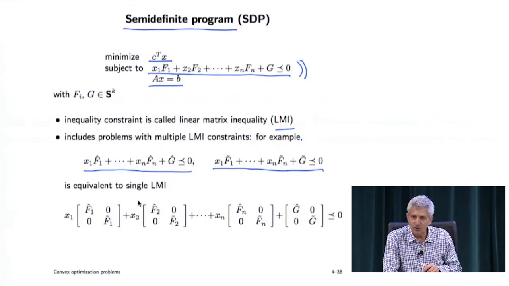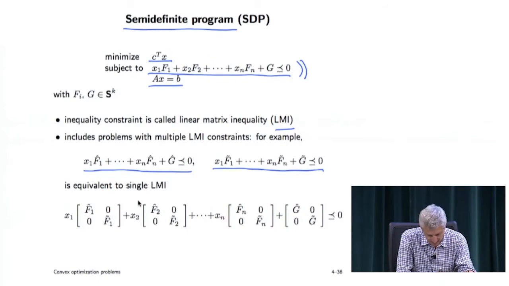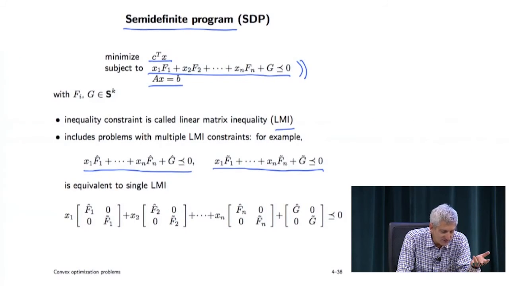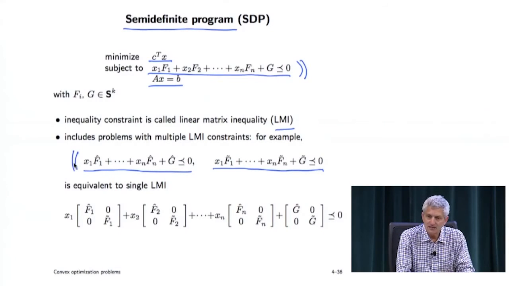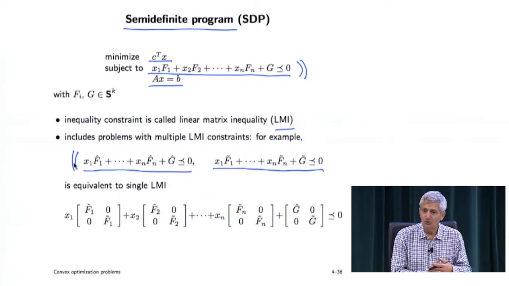And the off diagonals are just 0. And you're using the stunning fact that if you have a block diagonal matrix, then it's positive semi-definite if and only if each of the blocks is positive semi-definite. So the point there is that most people realize that you can have multiple LMIs, and that's the same as having one. So people still just say it's an SDP.